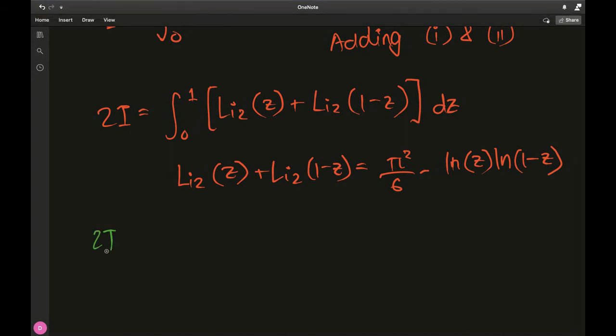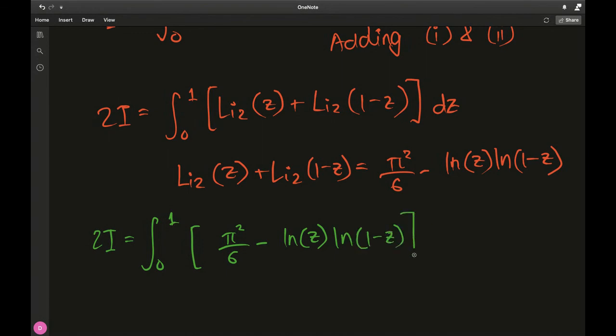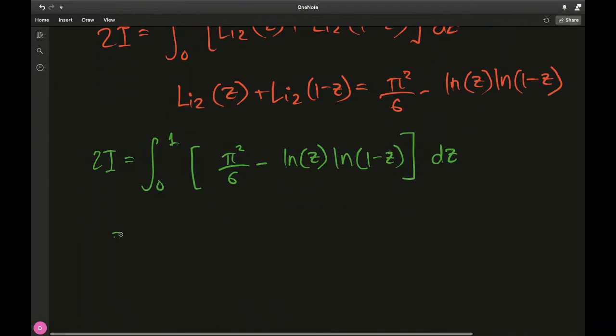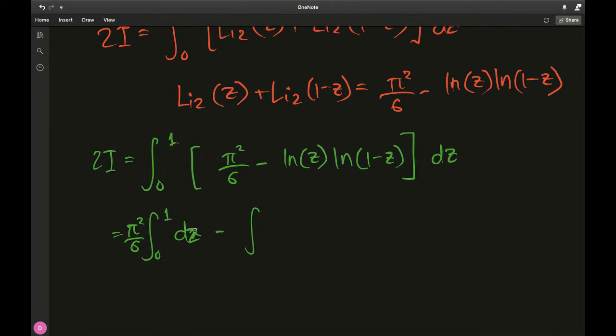So going forward with our plan of using this identity, we have the integral from 0 to 1 of pi squared over 6 minus natural log of z times natural log of 1 minus z dz. So we can basically use linearity, split this up into pi squared over 6 times the integral from 0 to 1 of dz, minus the integral from 0 to 1 of natural log of z times natural log of 1 minus z dz.